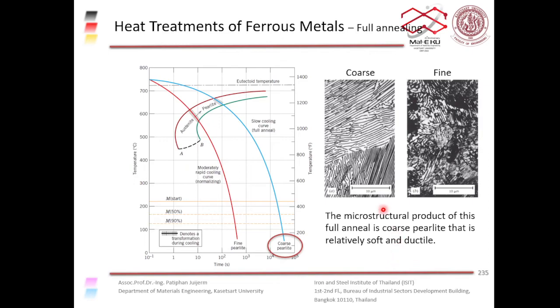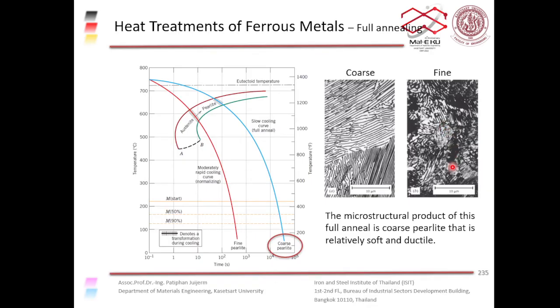Okay. So if you cool it down quicker, like moderately cooling, you get a fine pearlite microstructure, right? If you cool it down quicker, you see that all the cementite are bunched up together, right?